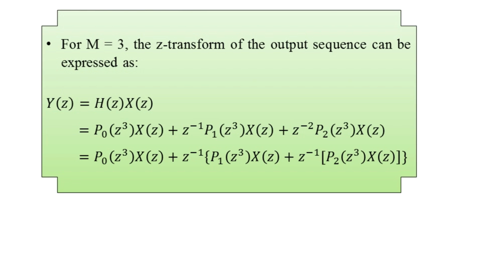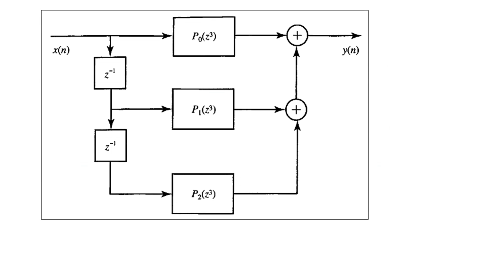Now for this M is equal to 3 case, here we have a simple illustration to show you the polyphase decomposition. Here we have the 3 phases for the decomposition. Here we see the block schematic form for the same. Initially we have x of n, which is the time domain representation, discrete form, not in z, whereas the output here is y of n.